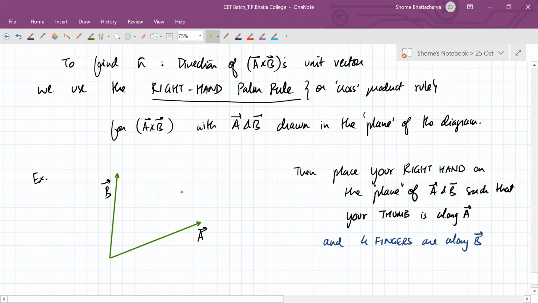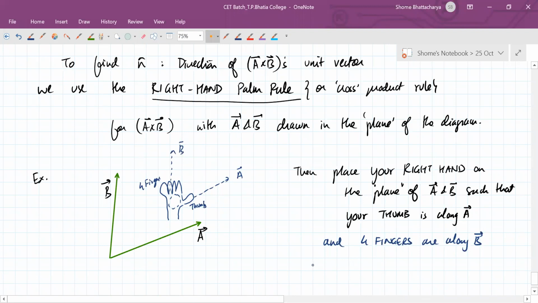So your thumb would be pointing towards A and your four fingers. So this is the thumb. The thumb is pointing in the direction of A, you can see. This is the direction of A. And the four fingers, they are pointing in the direction of B.